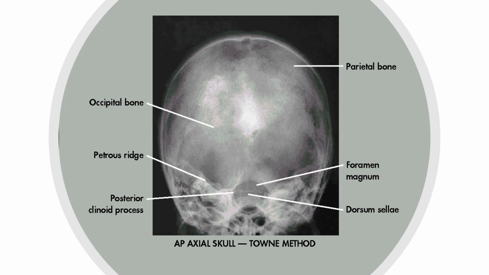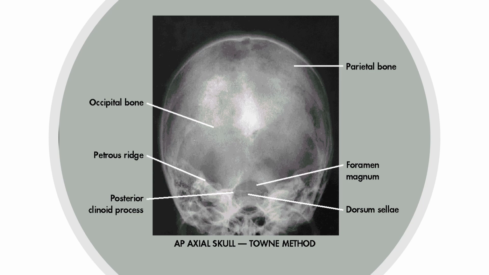If you have a different shaped head, it's going to be steeper for the dolichocephalic, more like 35 degrees downhill toward the center. And for the brachycephalic, it's going to be flatter, more like a 15 to 10 degree angle. But anyway, the petrous ridges should appear symmetric.